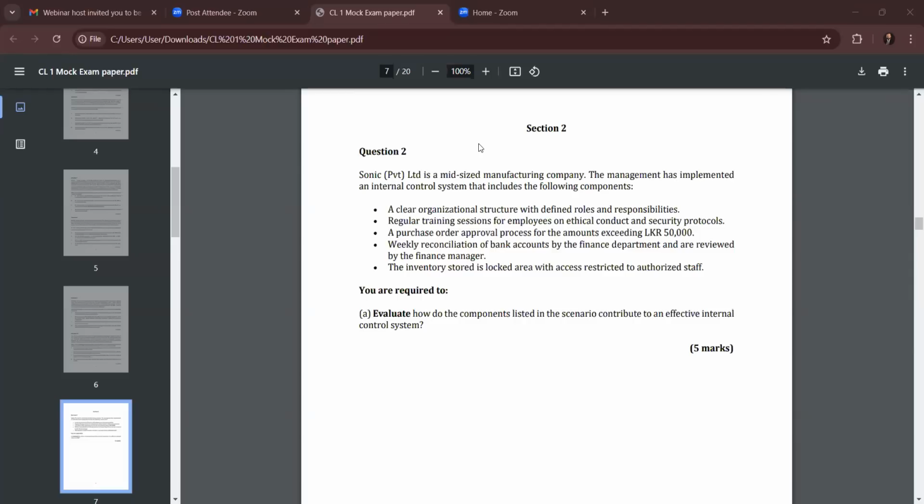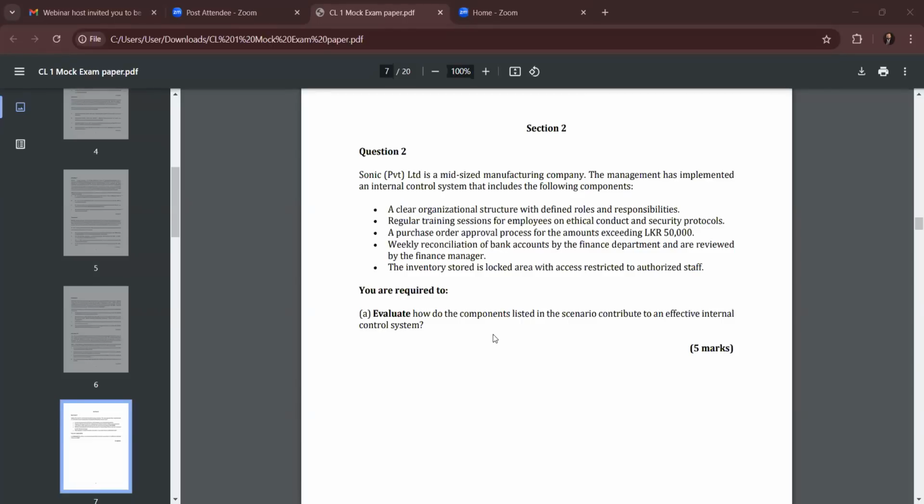Of the 5 elements of the COSO framework, which component is this? Clear role, structure, culture, values, commitment to competence. What is this? Control. Control what? Control environment. Very good, guys. They have a control environment. If you have a clear structure, roles and responsibilities given, then the people know what they are doing.